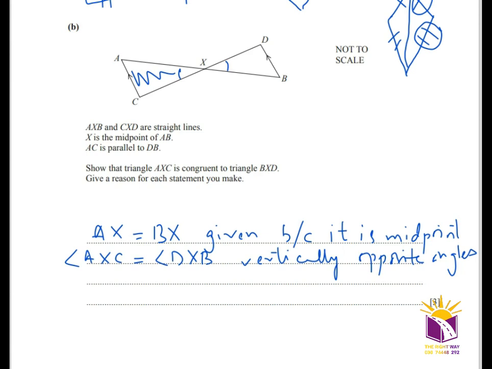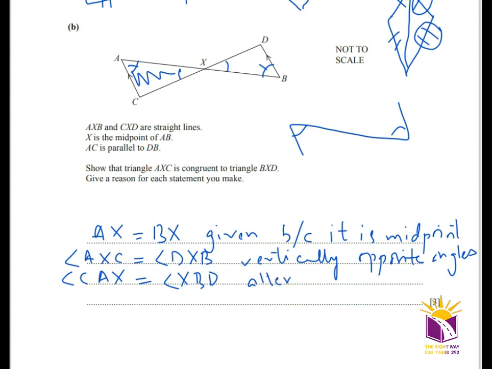Now, angle CAX is equal to angle XBD. This angle and this angle are equal because they are making a Z shape. And we know that in a Z shape, the angles formed at the edges, CAX and XBD, are alternate angles.